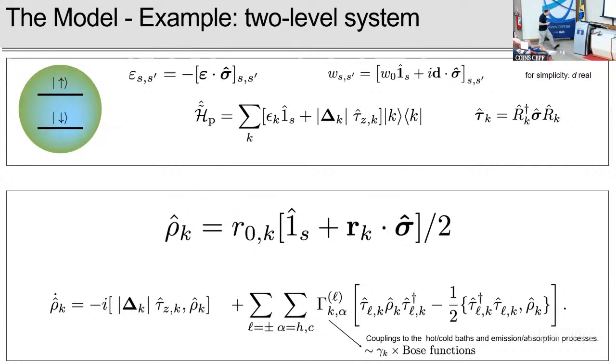This is important for the specifics of this model, because each K mode will have a different quantization axis. So it's not that everything occurs on the same axis, and this is a key ingredient.